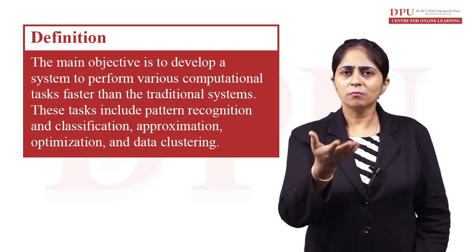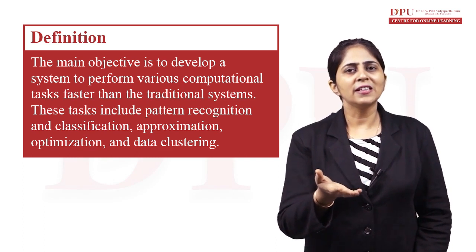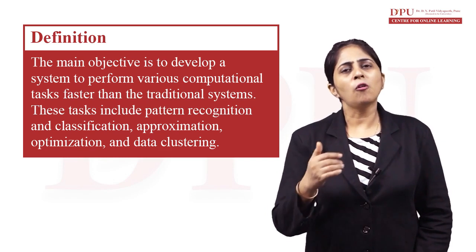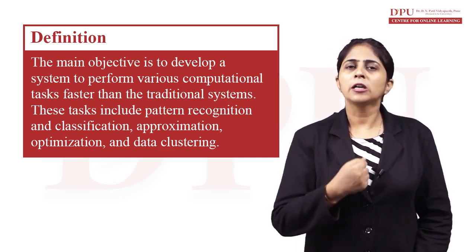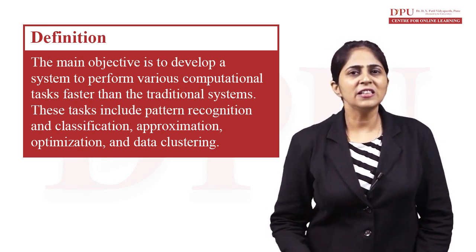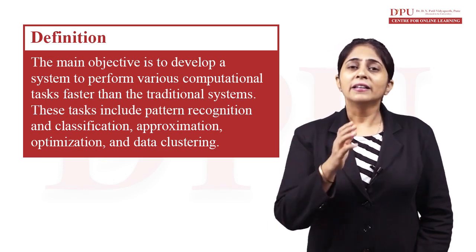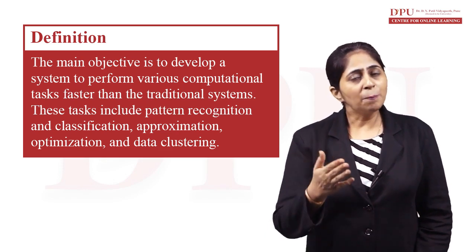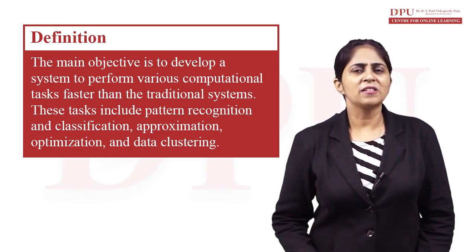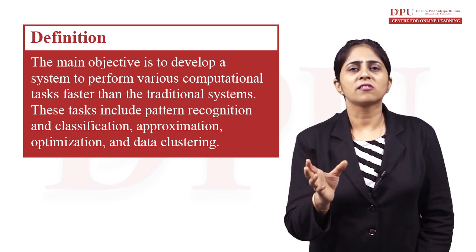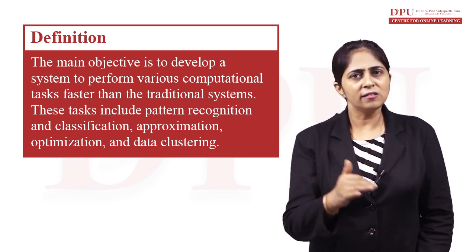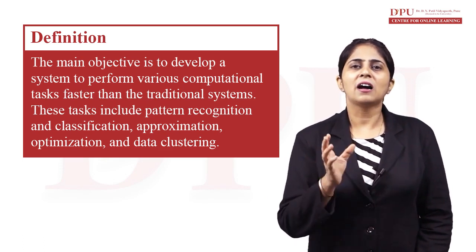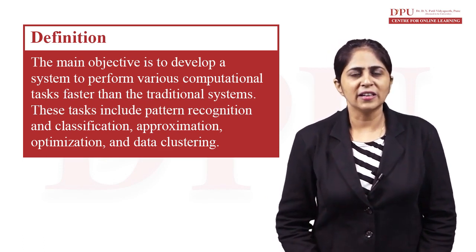As an example we have seen earlier, we are watching certain shows, so the pattern of watching that particular show has been recognized using these machine learning algorithms. Then classification is a part of these algorithms, as are approximation, optimization, and data clustering. We will discuss all these terms one by one. First, we should understand that these are all parts of our machine learning algorithms.